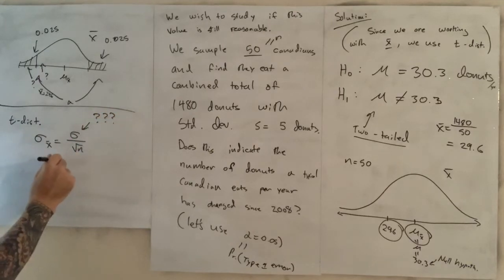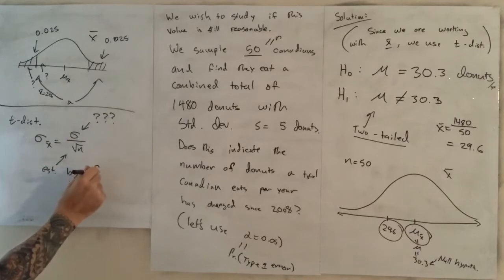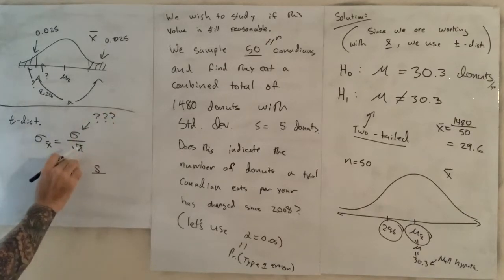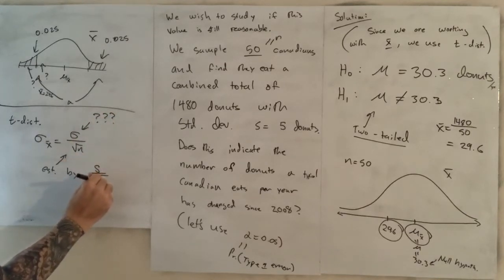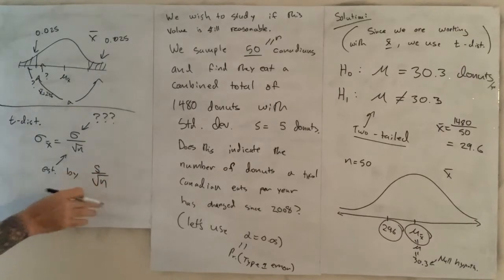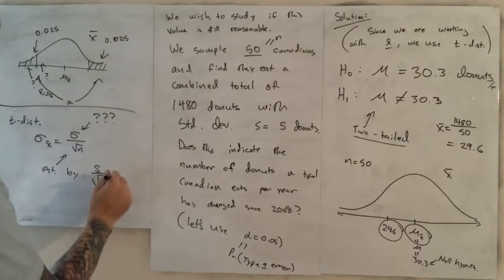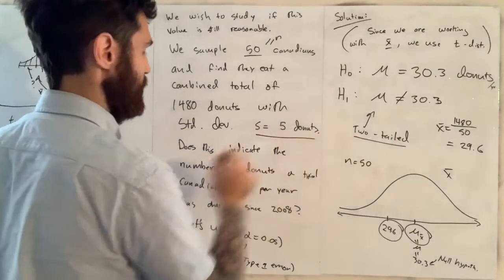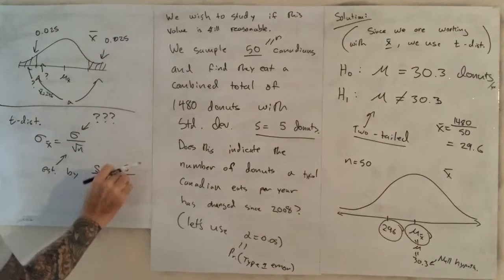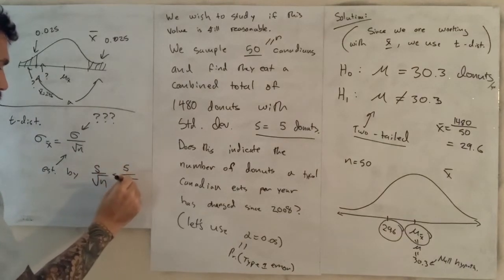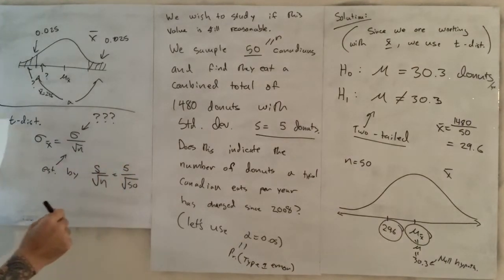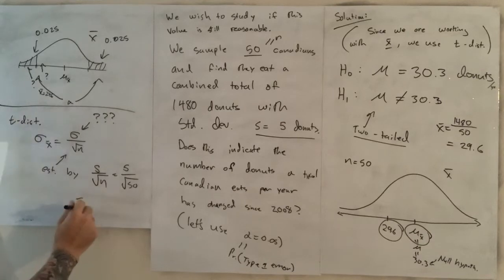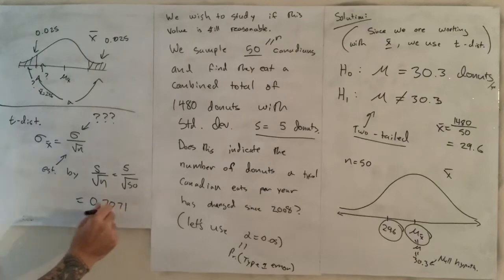And so what we have to do is estimate this by our sample standard deviation divided by the square root of the sample size. And if you do that, you're going to get 5, remember, 5 donuts, divided by the square root of 50. And what you'll find is this is 0.7071.